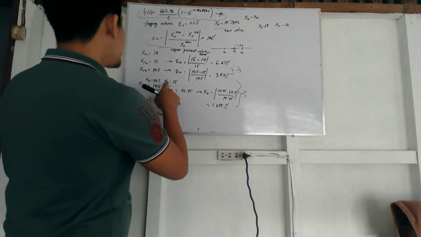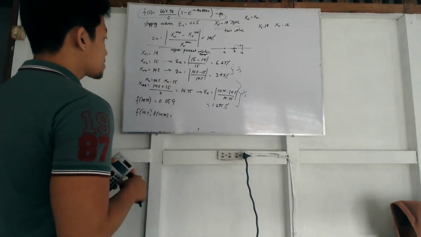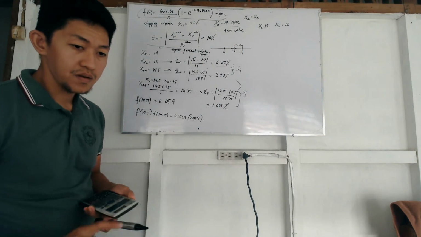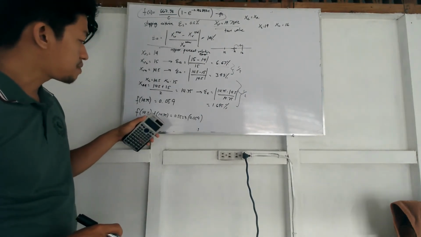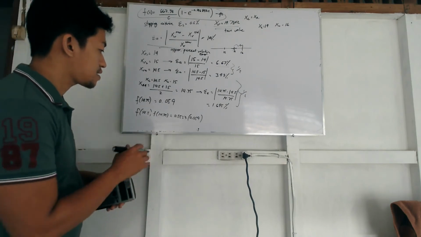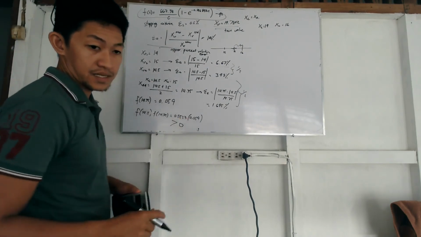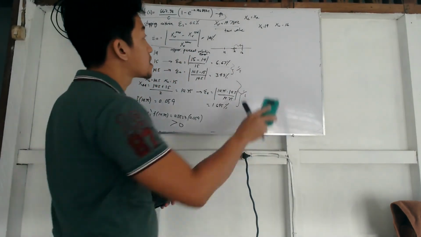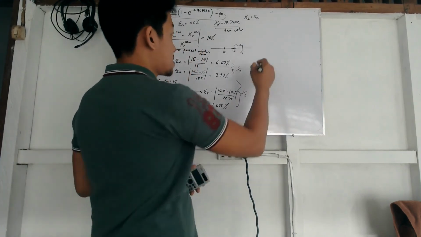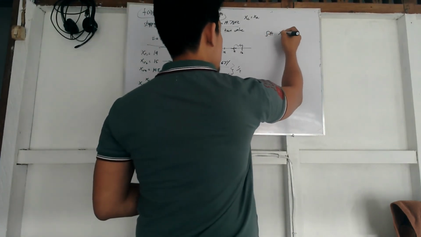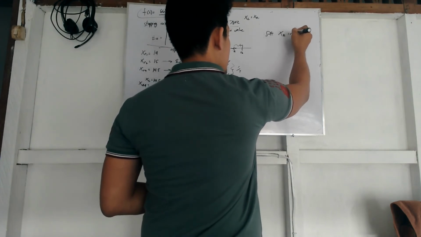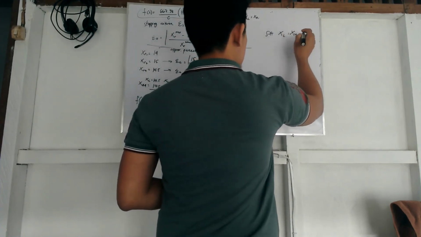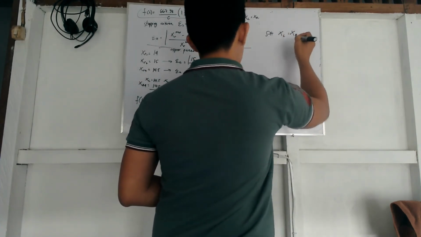So f of 14.5 multiplied by f of 14.75, the answer is positive. So therefore, set XL equal to XR.